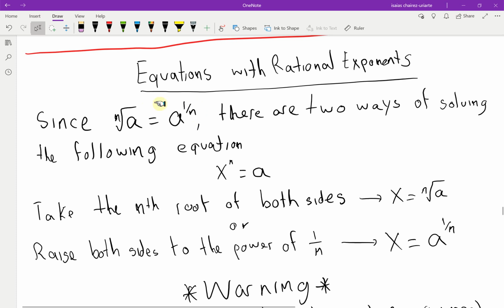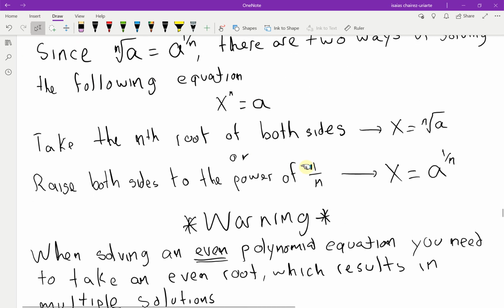Since we know that the nth root of a is equal to a to the 1 over n, there are two ways of solving the equation x to the n equals a. One way would be to take the nth root of both sides, and then x is equal to the nth root of a.